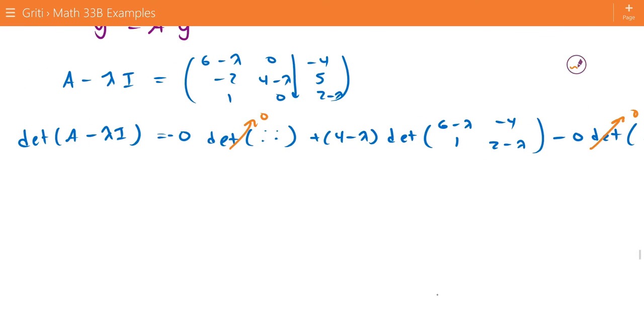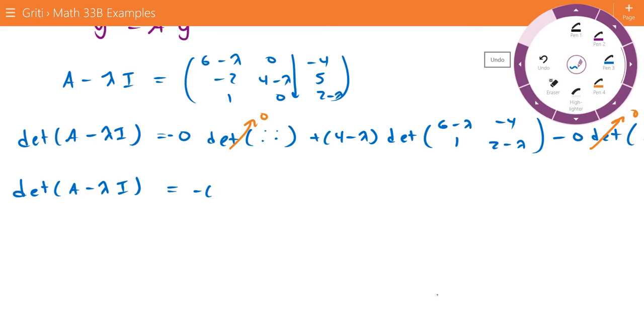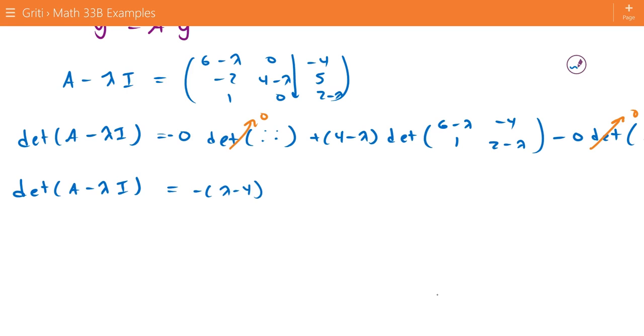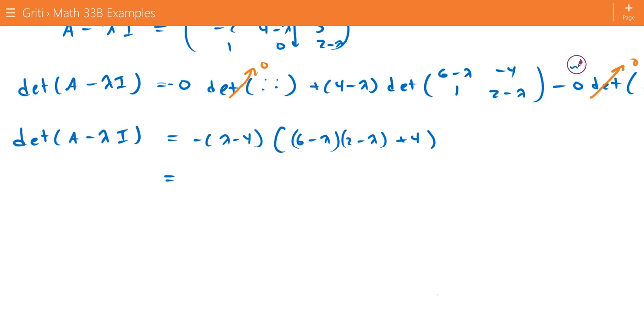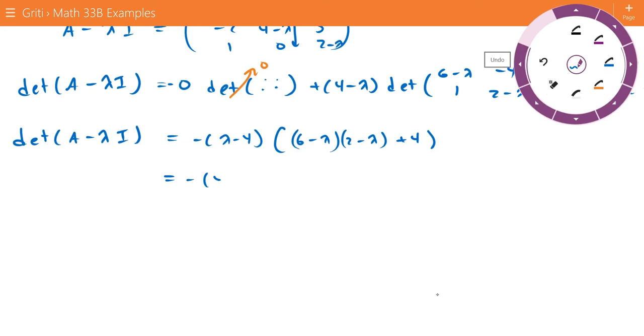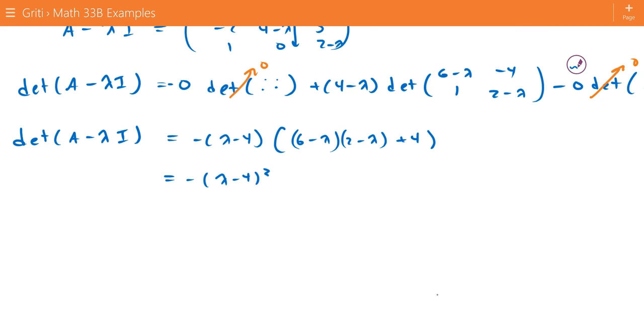So we're left with the determinant of A minus lambda I equals negative lambda minus 4 times 6 minus lambda times 2 minus lambda plus 4, and this will end up being negative lambda minus 4 cubed.